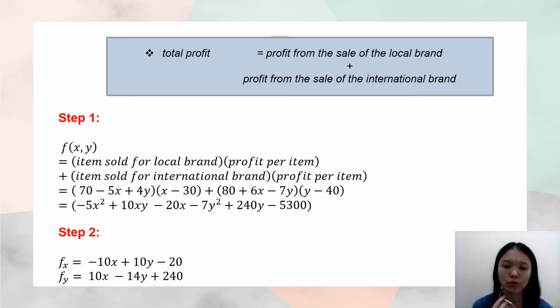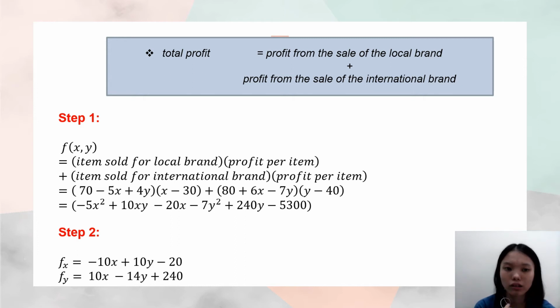First, we wish to find the profit from the sales of the fish feed. The total profit is equal to the profit from the local brand plus the profit from the international brand. So the total daily profit is given by the function f(x,y) equal to items sold for the local brand multiplied by the profit per item, plus items sold for the international brand multiplied by the profit per item.